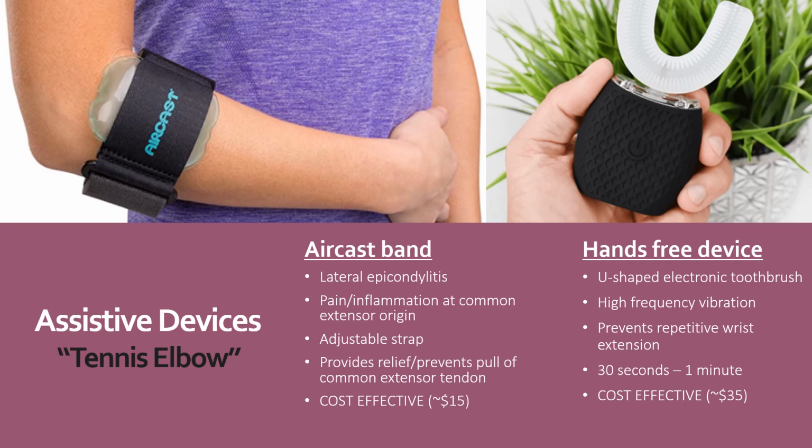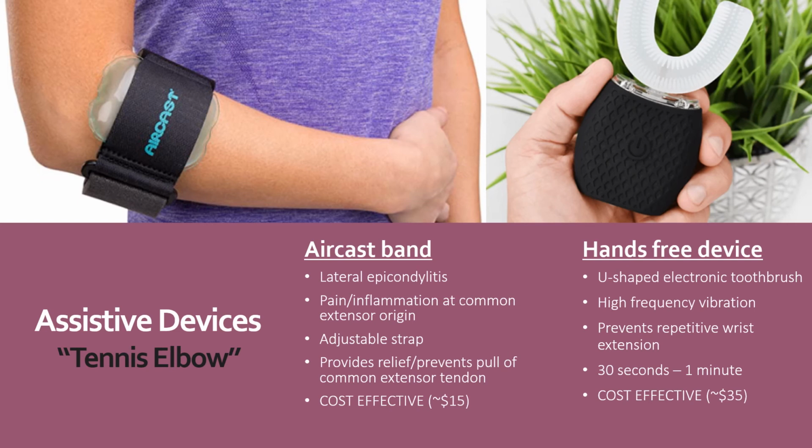Pushing the button commences bristle activation, and as it vibrates with high frequency, hundreds of bristles inside remove the plaque or bacteria from the teeth and gums, and thus perform the teeth brushing activity without the repetitive and painful motions of wrist extension.